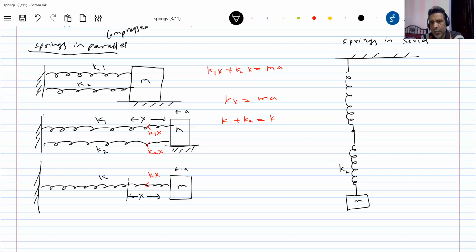Let this be K2, let this be K1. I want to replace this with an equivalent spring. What to do now? What method do we have to apply?